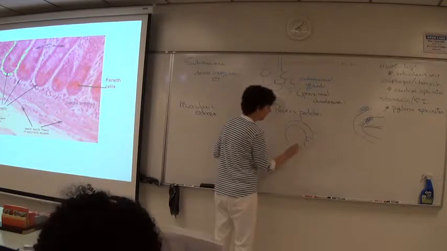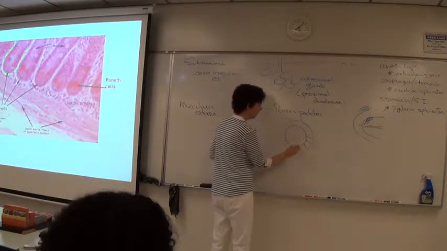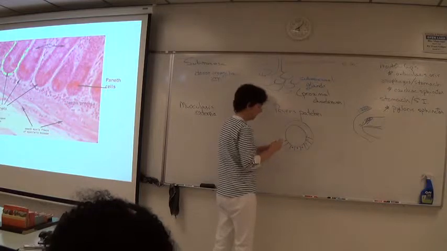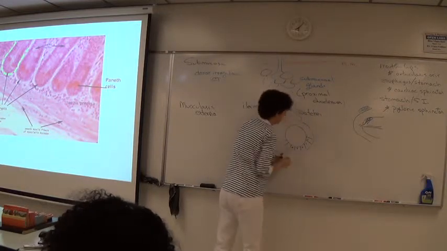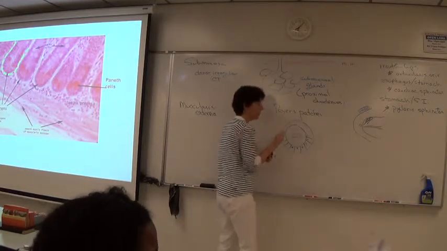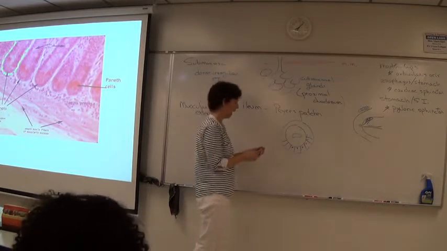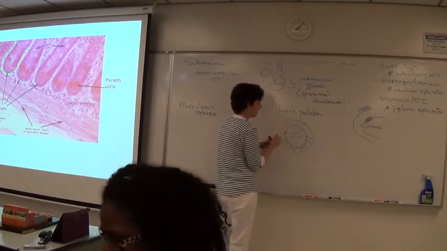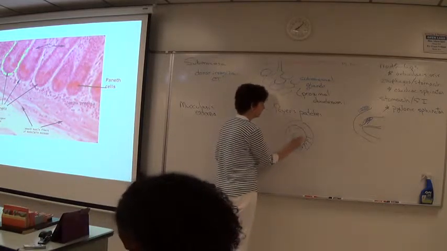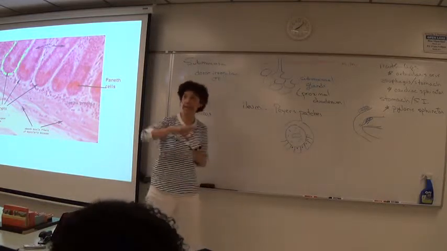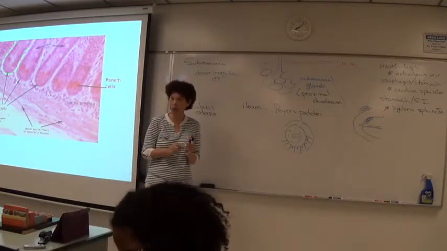We would have simple columnar epithelia, goblet cells. You might be able to see the lumina of the lacteal, and you would have loose irregular connective tissue filling this up. Okay. That's a solid structure with a solid core.